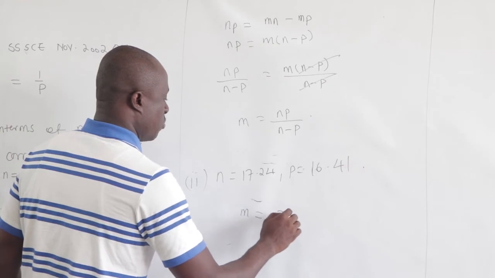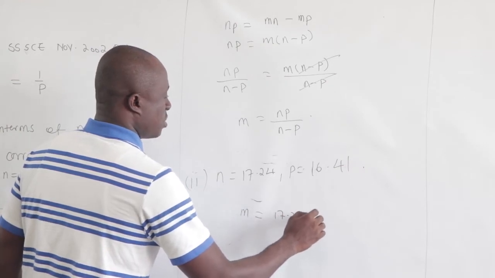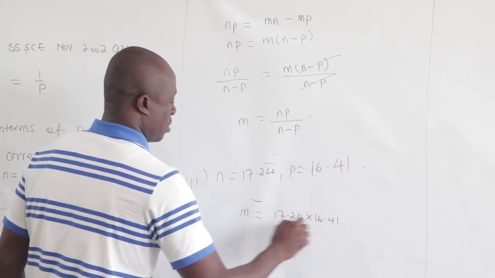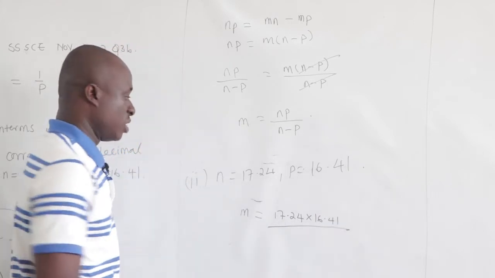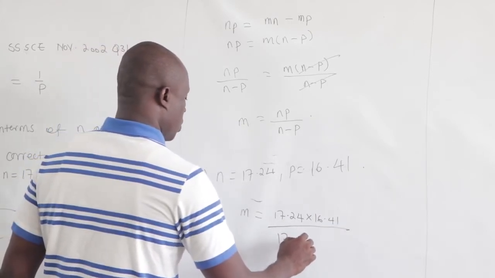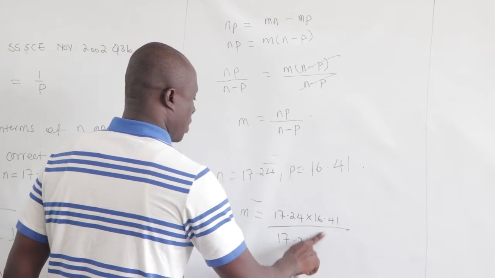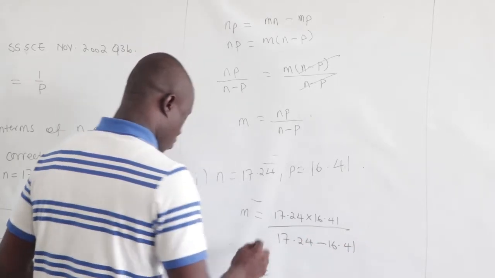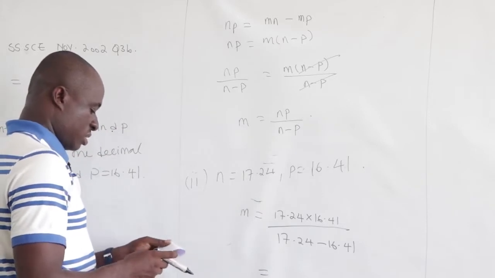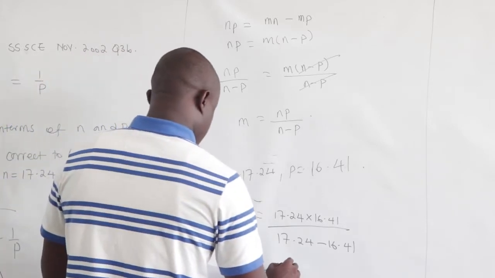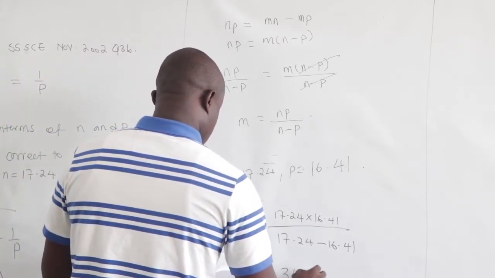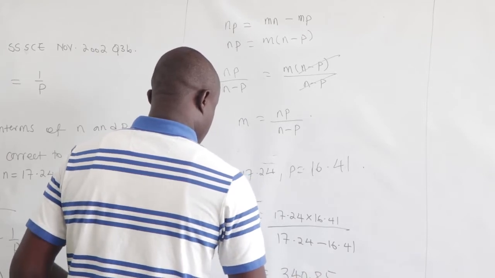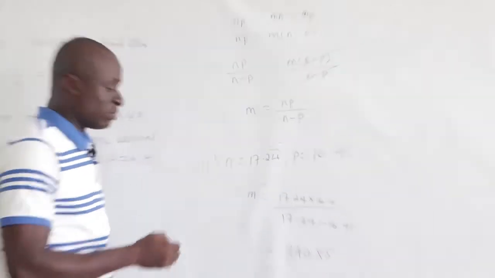That is 17.24 times 16.41 all over 17.24 minus 16.41. Now when we use the calculator, we are getting 340.85. But the question is saying to one decimal place.